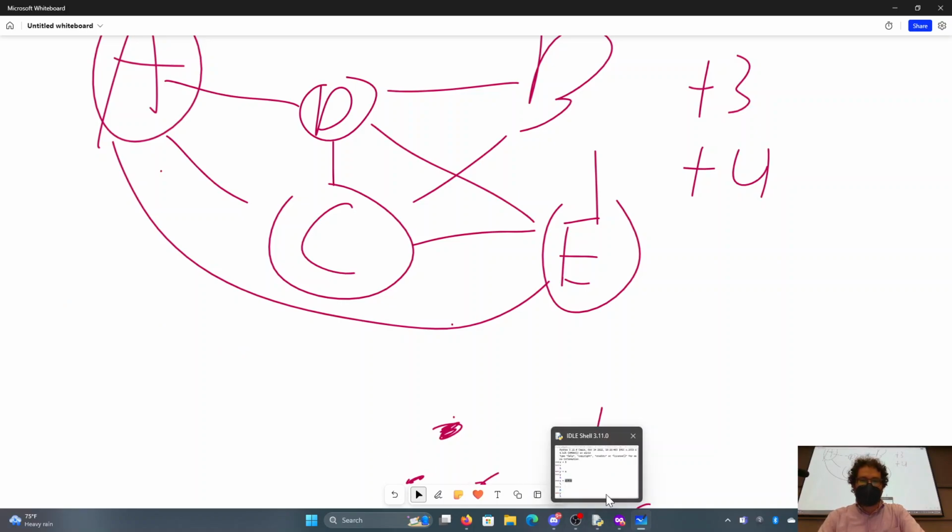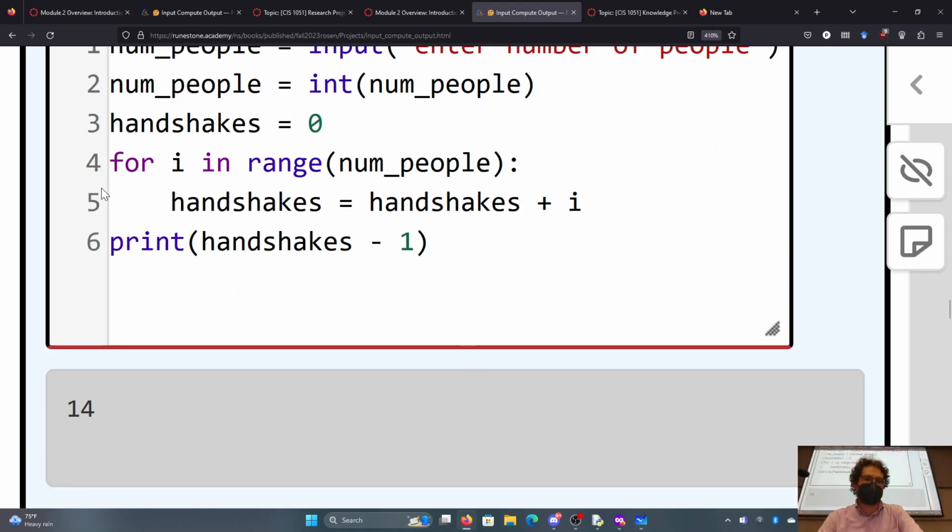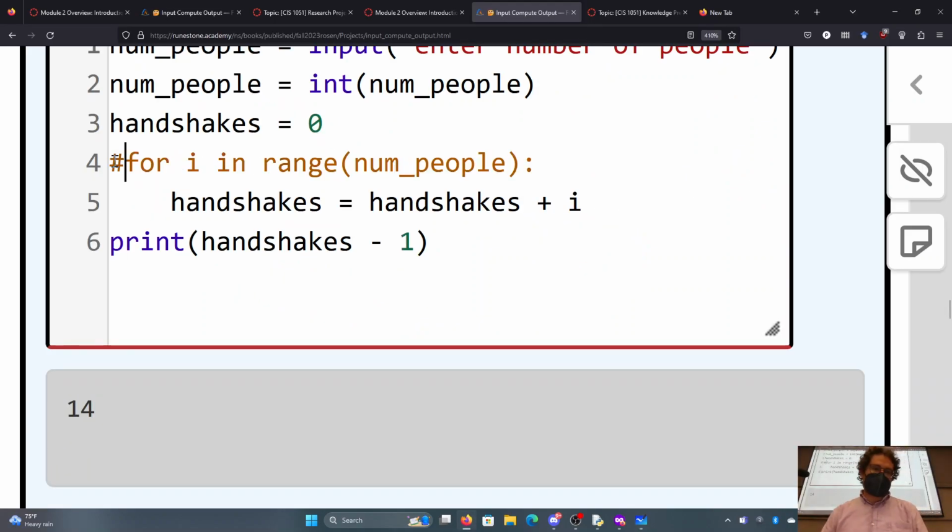On the other hand, with our equation over here, let's go ahead and see now. Now we can just simply instead comment this out.